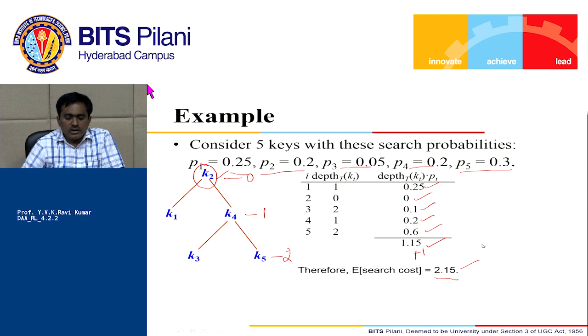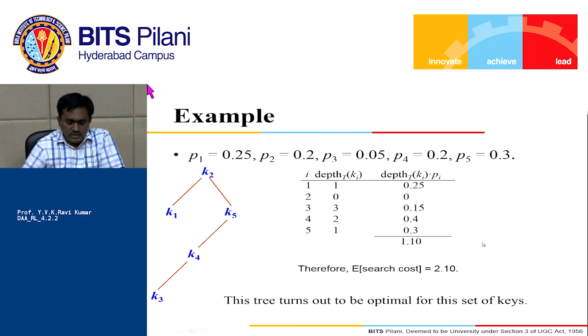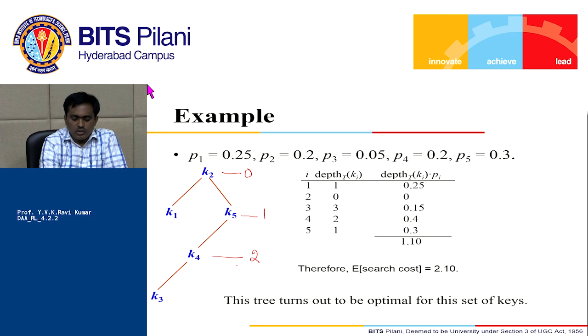Suppose we go for another way of constructing the binary search tree, with the same 5 keys k1, k2, k3, k4, k5 and the same probabilities, the same problem reconstructed, where k2 is at level 0, k1 and k5 at level 1, k4 at level 2, and k3 at level 3.